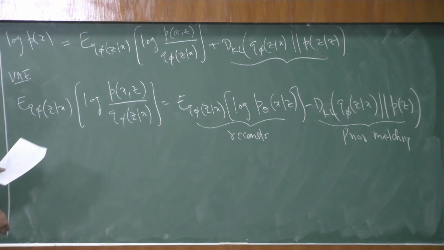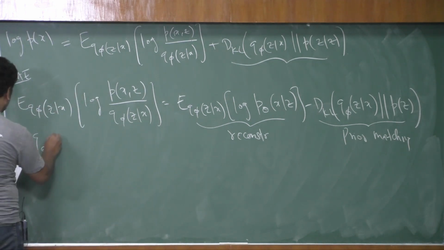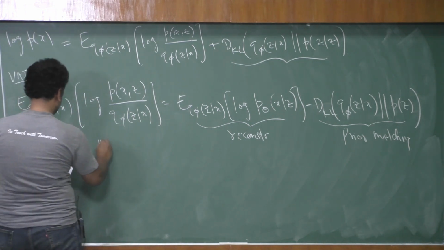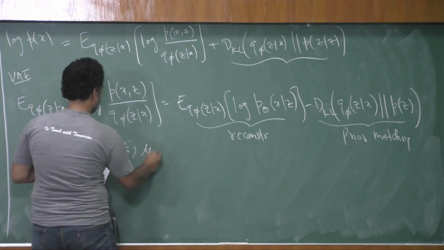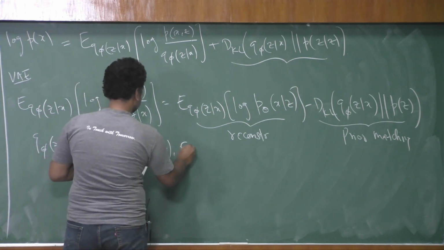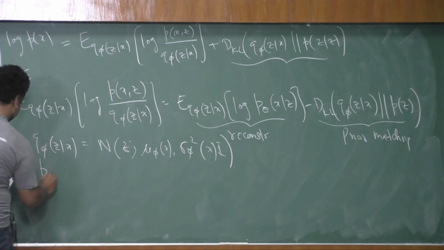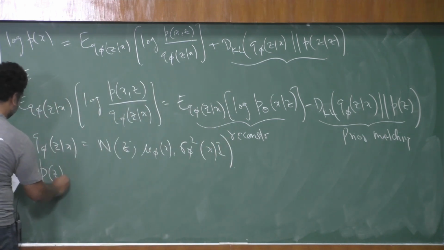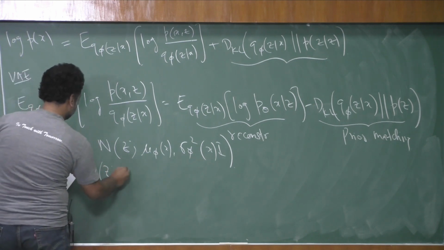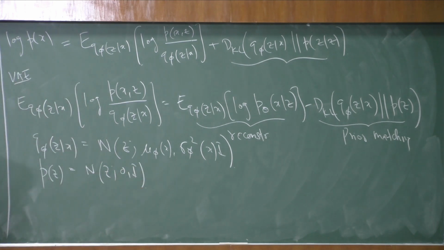We choose q_phi and p to be normal. So q_phi(z|x) was normal with mean mu_phi(x) and covariance sigma_phi squared(x) I, and p(z) was normal with zero mean and identity covariance. These were the assumptions that we made.